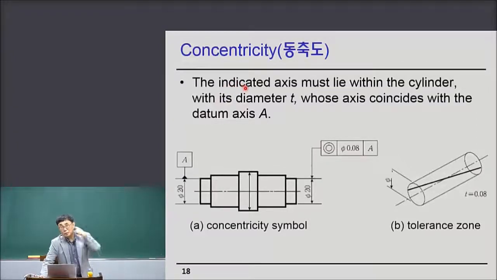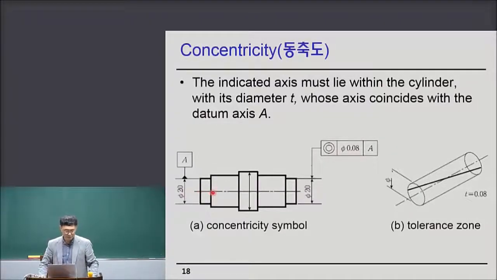Concentricity, the meaning of concentricity: the indicated axis must lie within the cylinder whose diameter is T, whose axis coincides with the datum axis A. So this is datum A, pi 20, the axis of the pi 20 cylinder. So this portion, okay? You understand me?